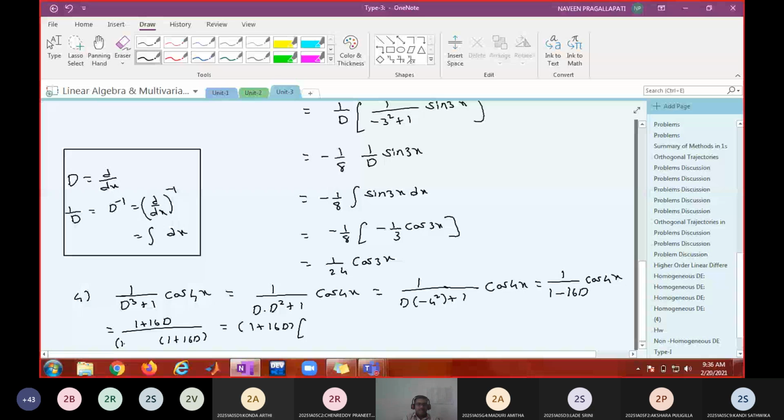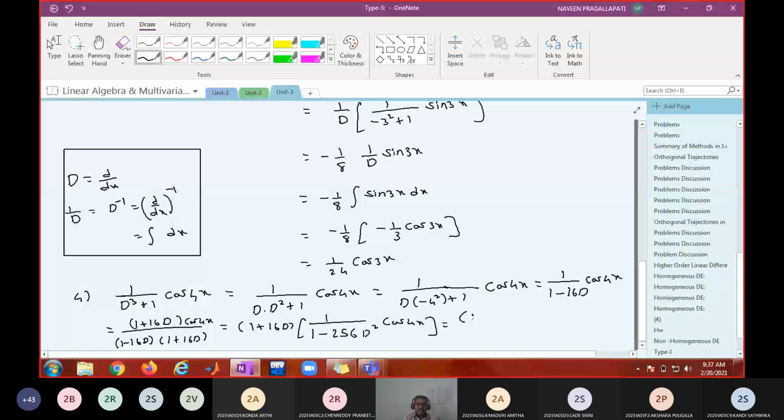So this is 1 by a square minus b square, which means 1 by 1 minus 256 D square, since 16 square is 256 only. D square of it is operated on cos 4x, right? Cos 4x. Now replace D square with minus 4.